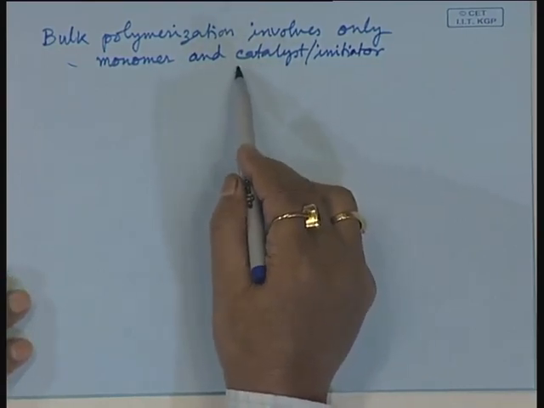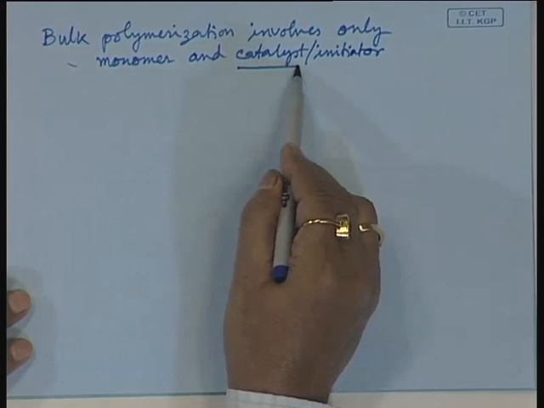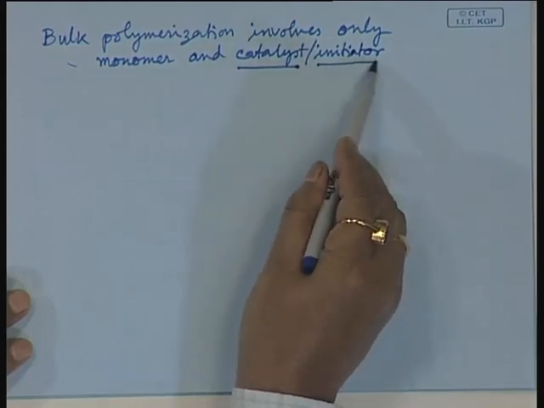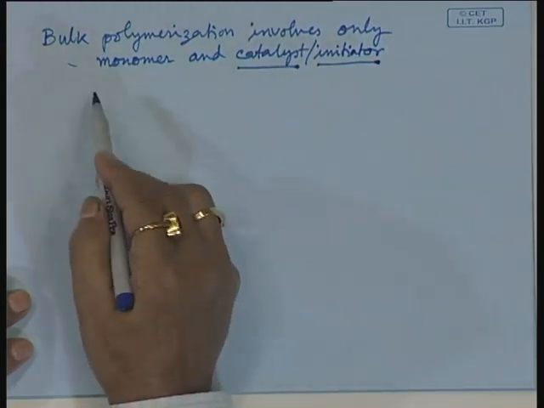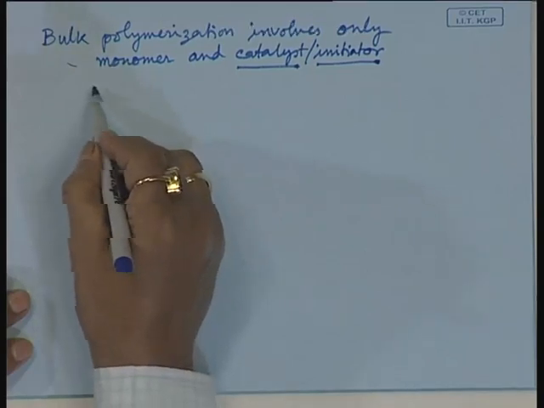In case of condensation polymerization, we use catalyst. In case of addition chain polymerization, we use initiator. Okay. And this bulk polymerization is a homogeneous system.